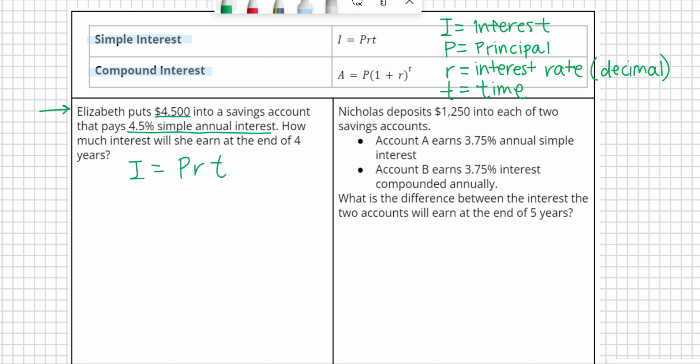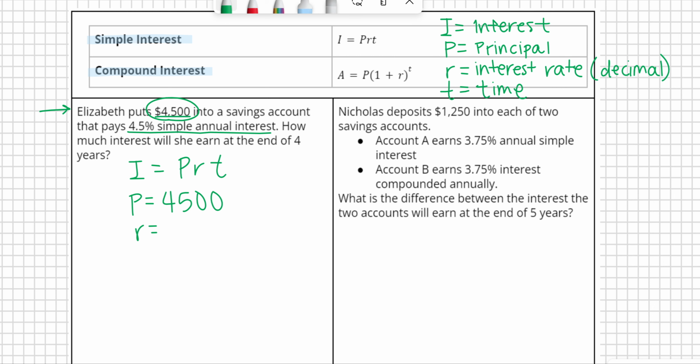I need to figure out, okay, what's the principal? The principal is how much there is in the account in the beginning, the starting amount. In this case, that's 4,500. The interest rate is 4.5%.